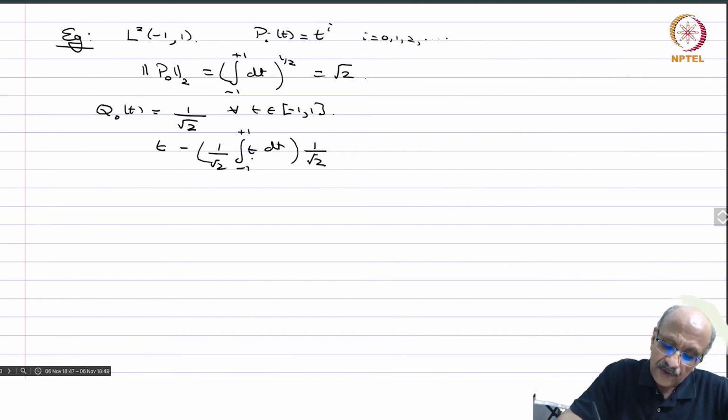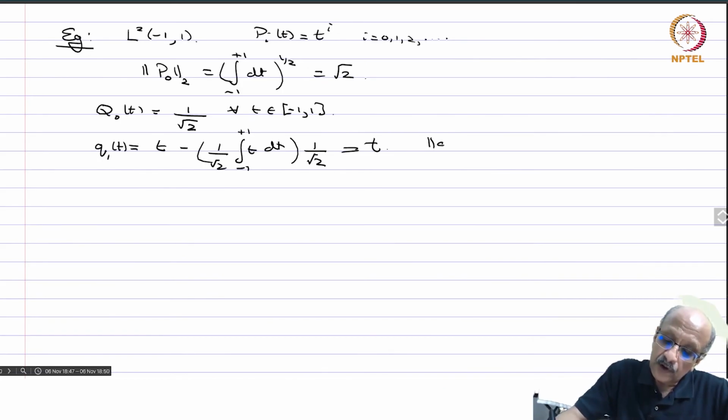Now the integral of t is an odd function, so if you integrate, you get t square, which at +1 and -1 is the same, so we will get 0. So this term will not come, and this is just t. And then take its L2 norm, and call this q1 of t.